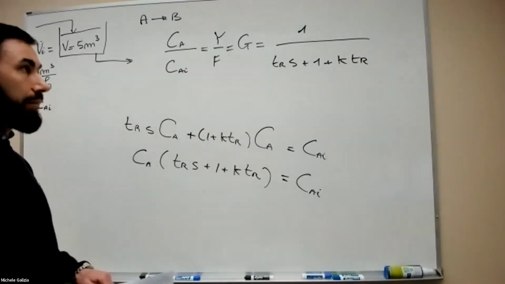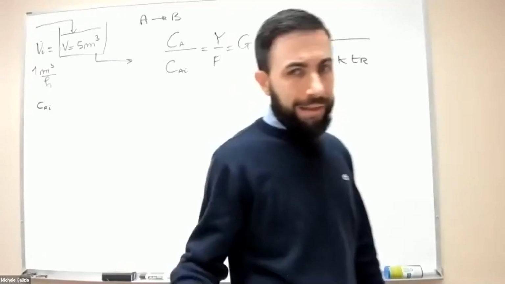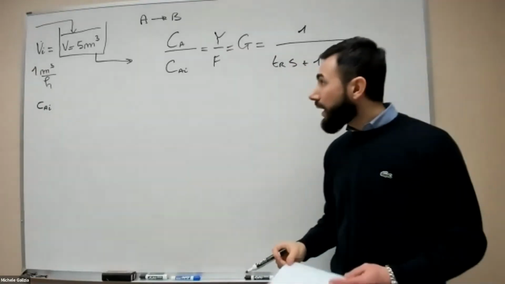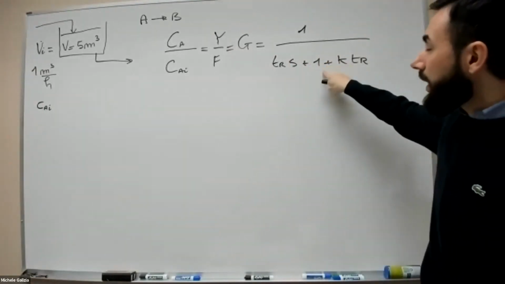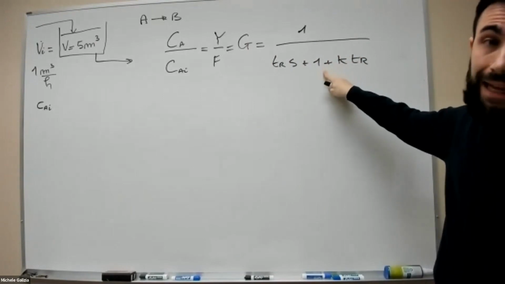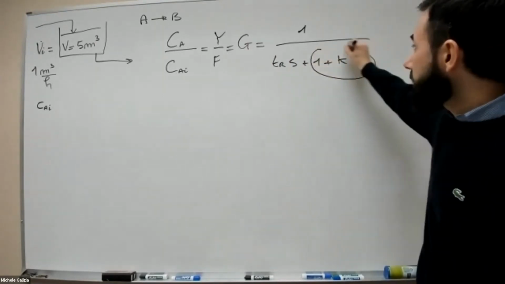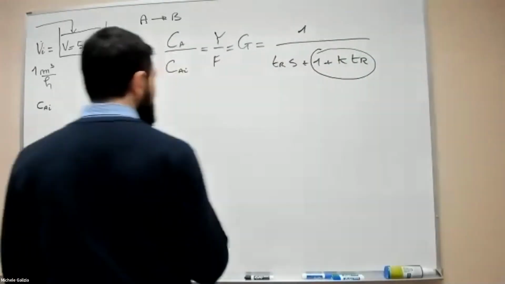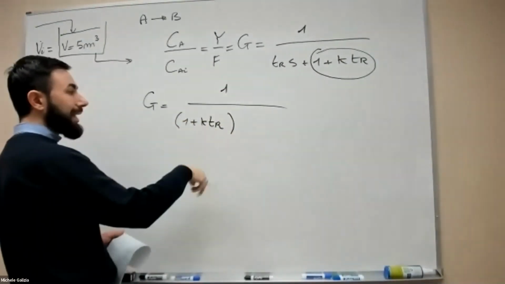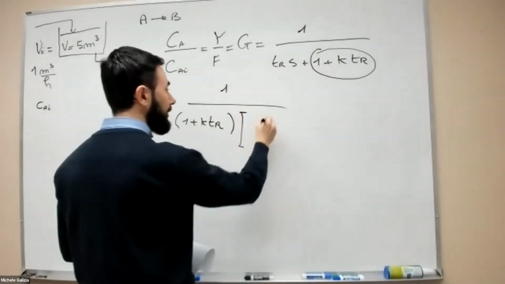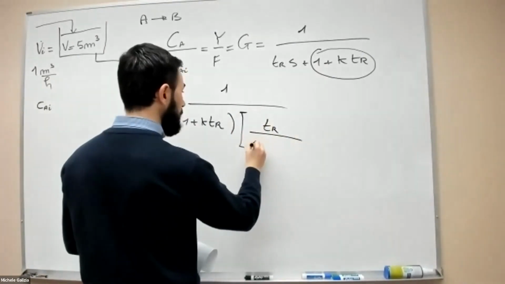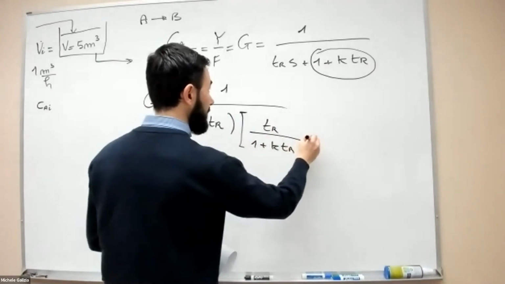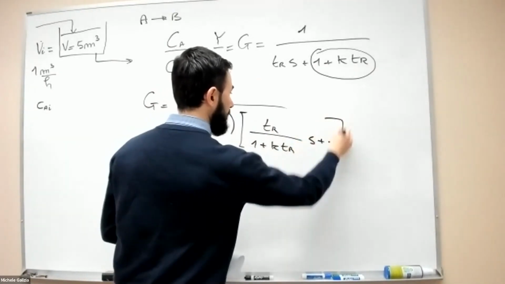Makes sense? Yes. So what is the order of the system? First order, as expected. So we are doing well. Is this transfer function written in the standard form? No, because this is not 1. This is 1 plus K TR. So I have to collect 1 plus K TR outside, and then TR over (1 plus K TR) s plus 1.